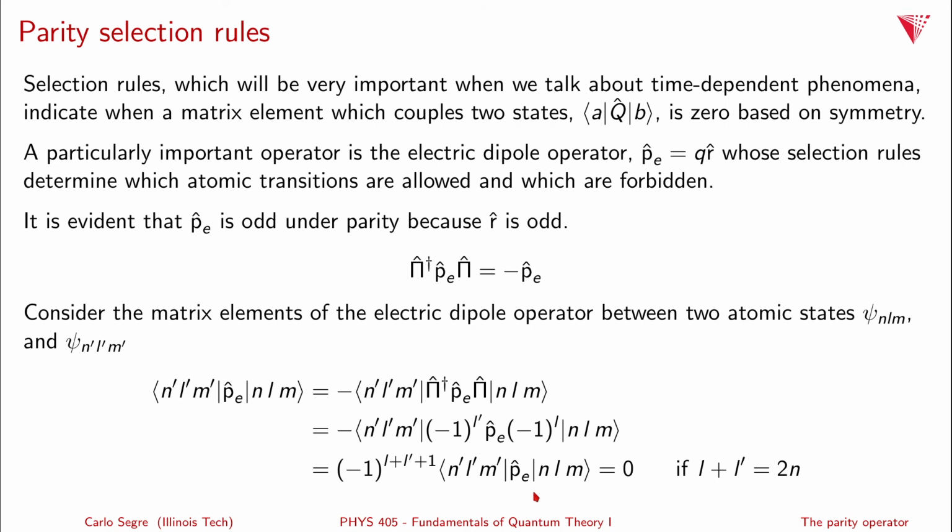So this only works if L plus L prime plus 1 is an even value of n. If the whole quantity is even, then this becomes 1, and you can have an equality. So this is a selection rule. L plus L prime equal to 2n means you get a 0 in the matrix element.